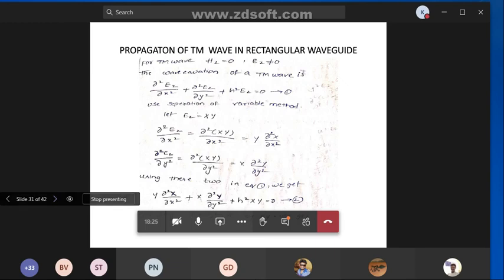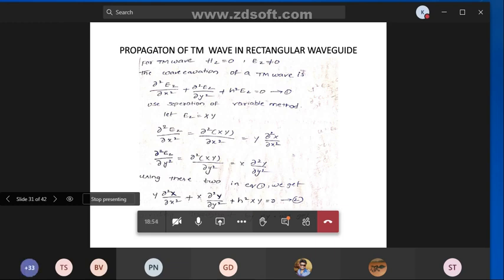Let us see how to propagate the TM wave in rectangular waveguide. For TM wave we know that Hz equal to 0 and Ez not equal to 0. It is a transverse magnetic wave, so the magnetic field is perpendicular to the direction of propagation.